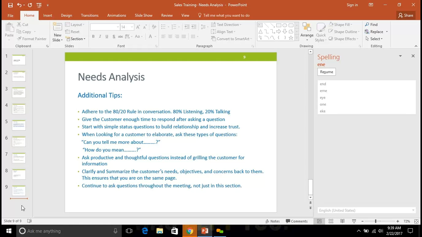We did talk about that a little bit on yesterday's training session, but there's also an important thing to do when you're doing needs analysis, which is to continue to identify a person's personality and whatnot as well.